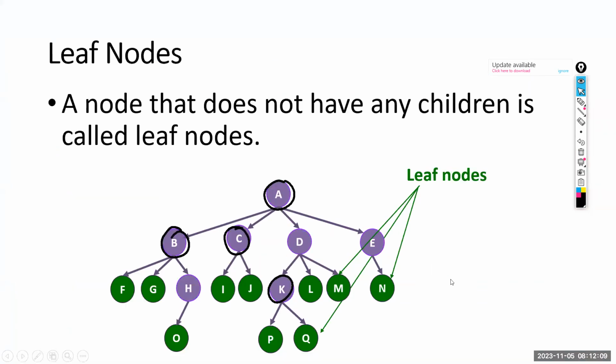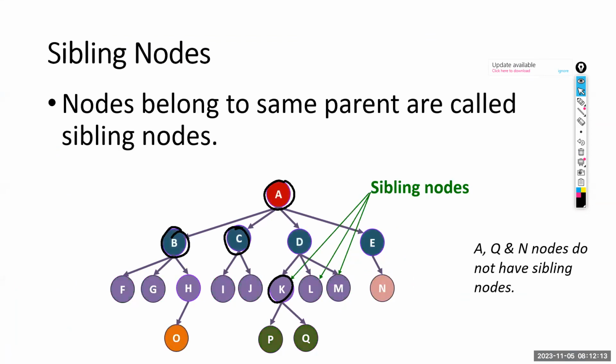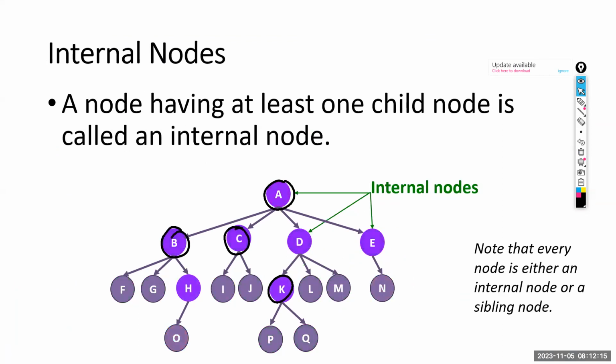Right. So if a node is not a leaf node, we call it an internal node. Therefore, every node is either a leaf node or an internal node. An internal node means it has at least one child.